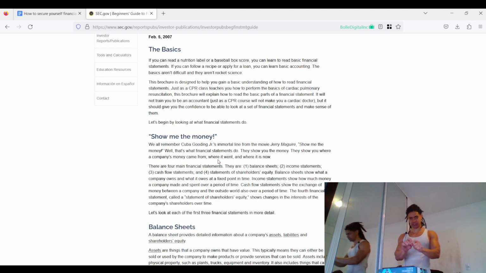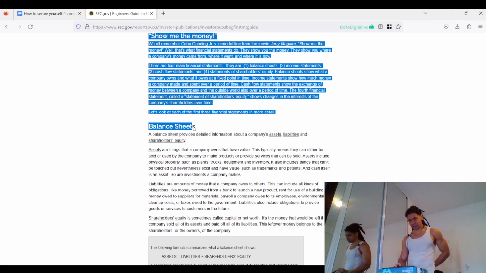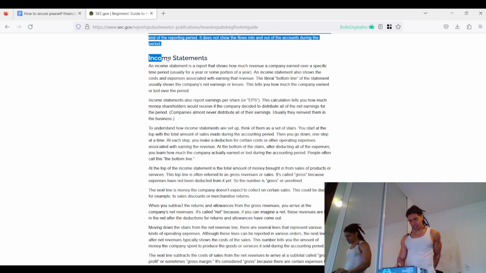The income statement shows you how much money a company made and spent on producing goods and services. Ultimately, the bottom line of this statement shows if a company made a profit or not. And the cash flow statement reports the company's inflow and outflow of cash by reusing the information from the balance sheet and the income statement.